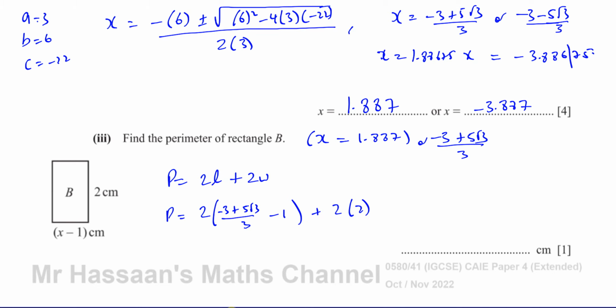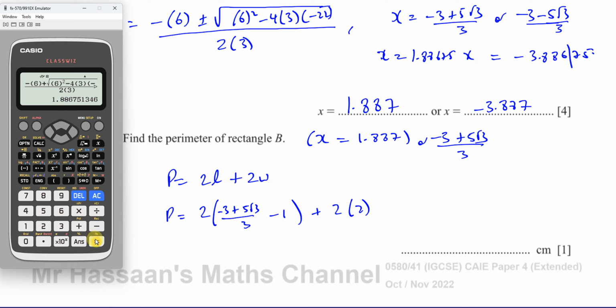What I'm going to do is take this answer and store it as A in my calculator. So now I'll have 2 times in brackets recall A minus 1, and then plus 2 times 2, plus 4.